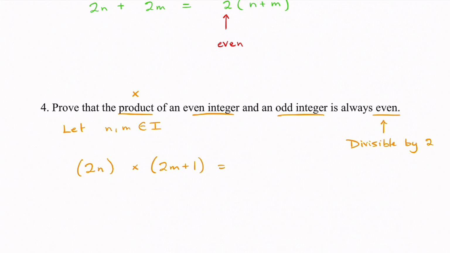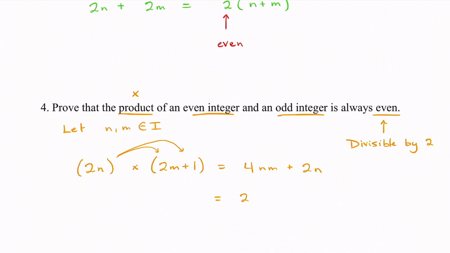So let's simplify what we have here and see what we get. We're going to have 2n times 2m, that's going to be 4nm. And then we've got 2n times a 1, that's just going to equal 2n. Now looking at that, what I want to try to do is factor out a 2 so that I can see it's divisible by 2.